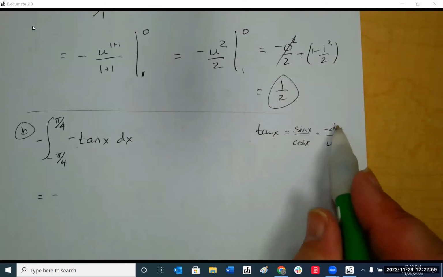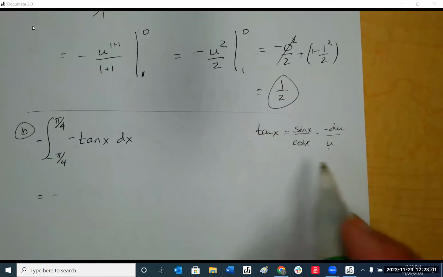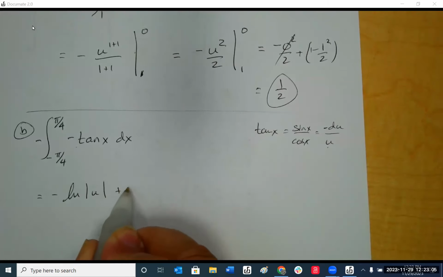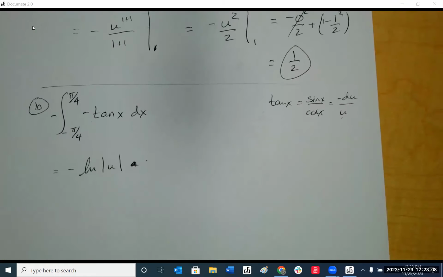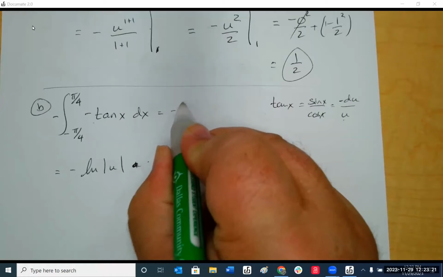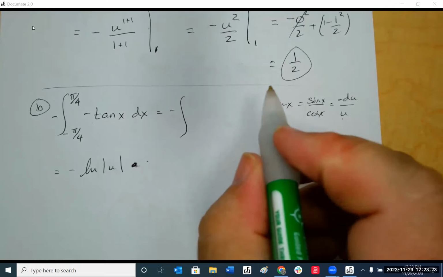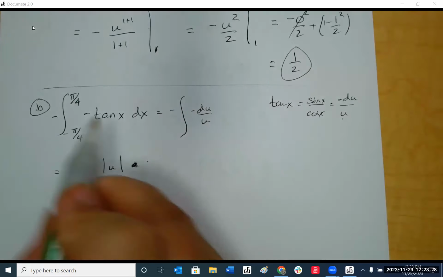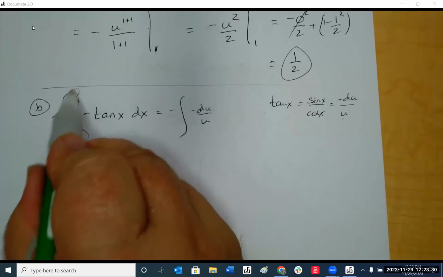So the integral of du over u is ln. I have to change the bounds of integration now.